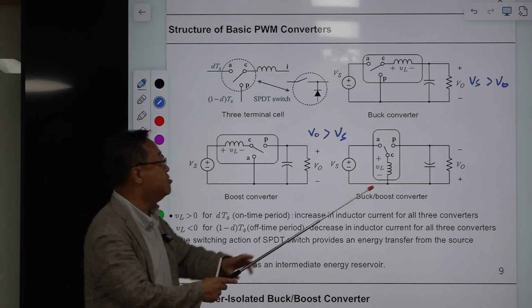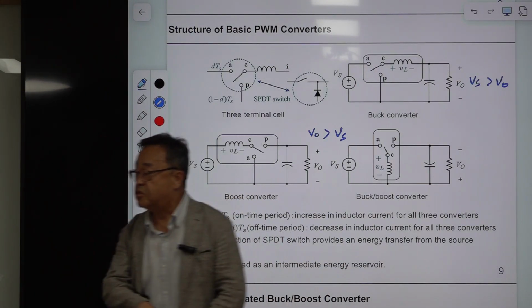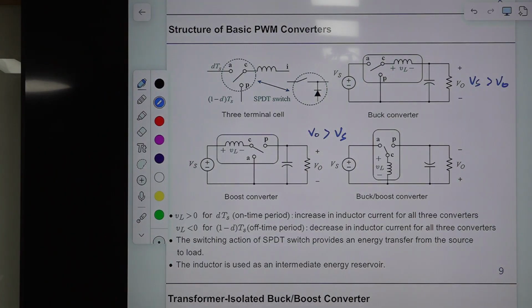This is ground level, this is positive, and this is negative. So VO is smaller than 0. Let me write it down this way. It's always negative.